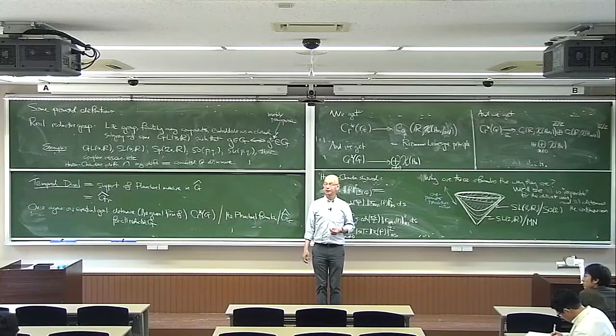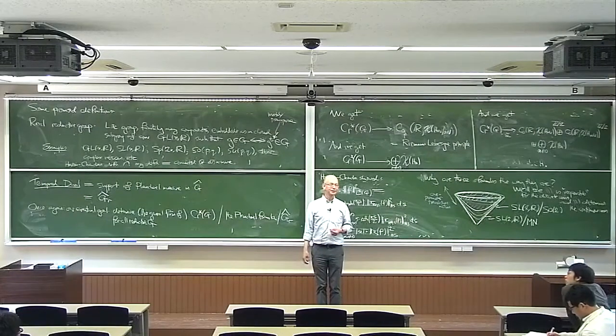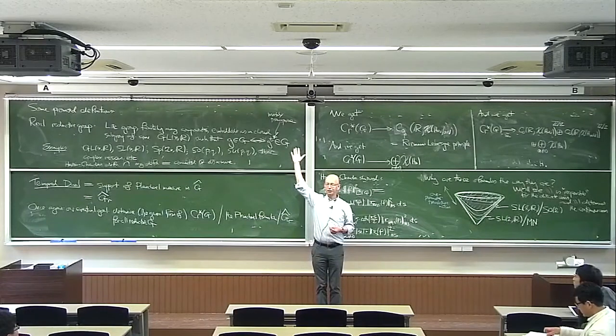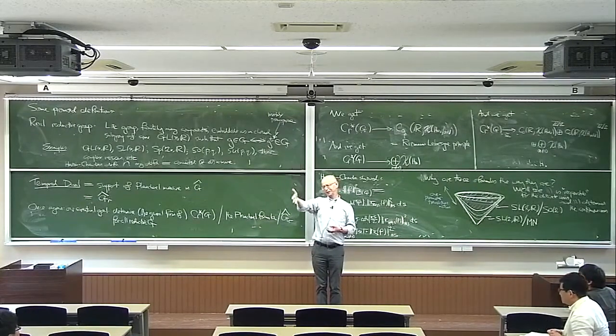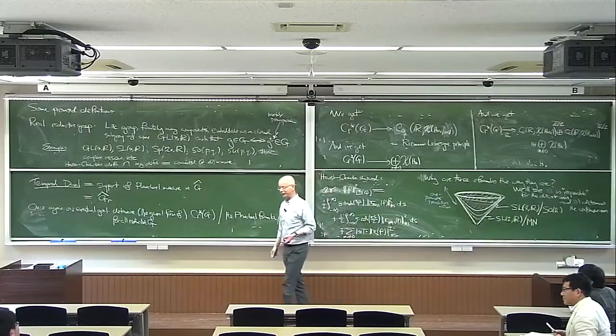And so my question is, did you see this before? Do you know the Weyl character formula? Do you know about highest weights? So hands up, all of those who know representations of compact Lie groups. One, two, okay.